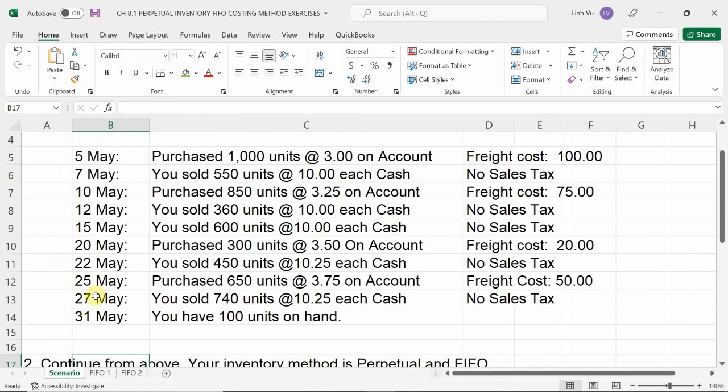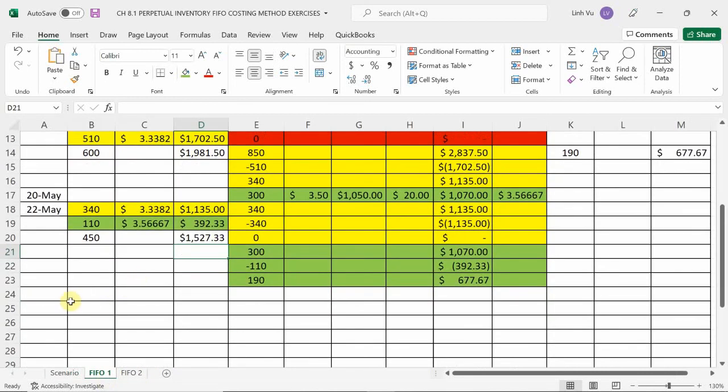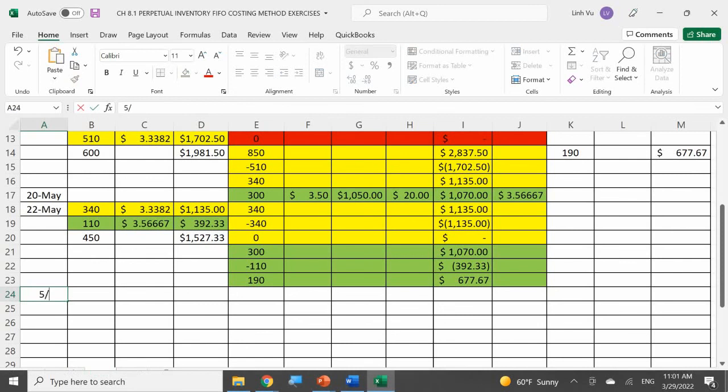So then May 25th, right, we end up purchasing another batch of 650 units at $375 with a freight of 50. So 650. Okay. So it is May 25th, right?